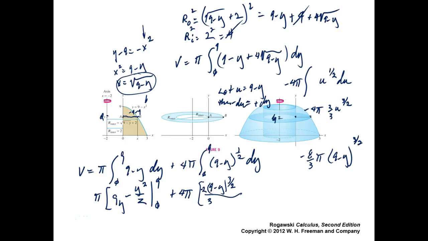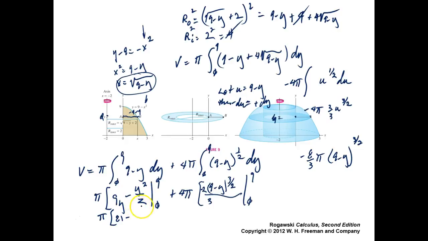Now we got to evaluate that from 0 to 9. So this is going to be a pi, and what do you have here? 81 halves, right?